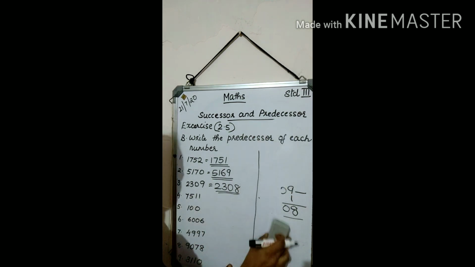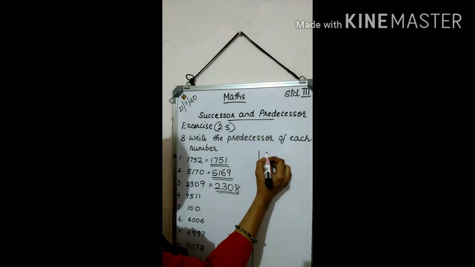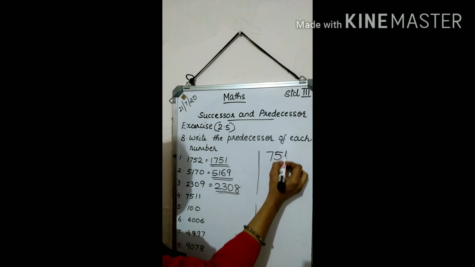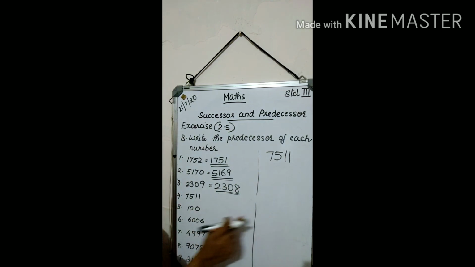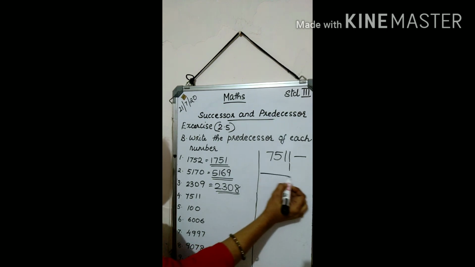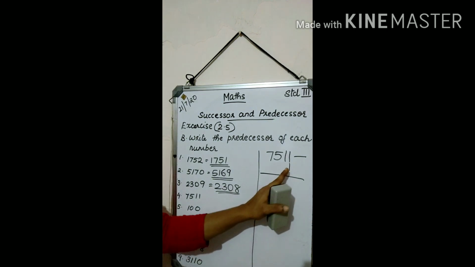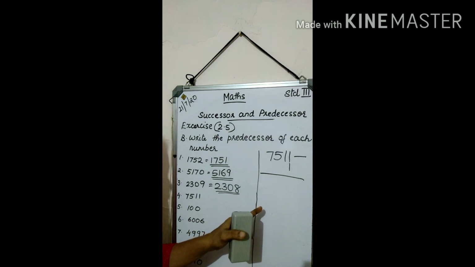Then write down the next question. Find out the answer. Try to find it alone. 7511. You have to write here minus 1. When 1 is subtracted from 1, what will be the answer?